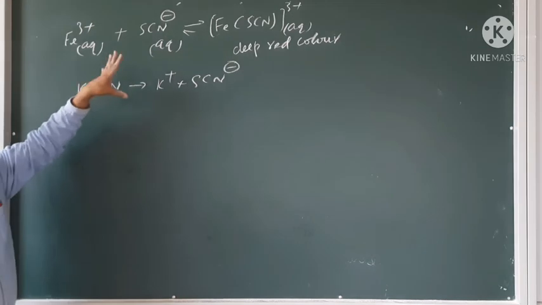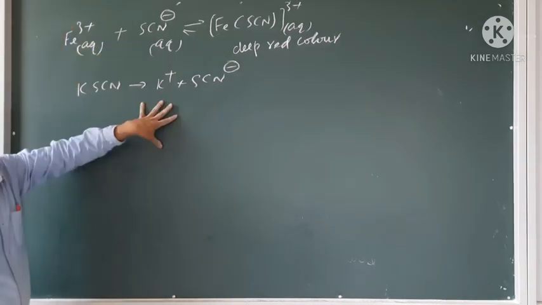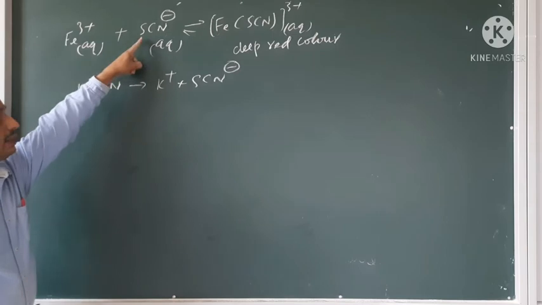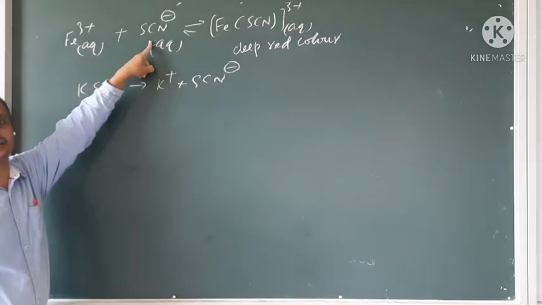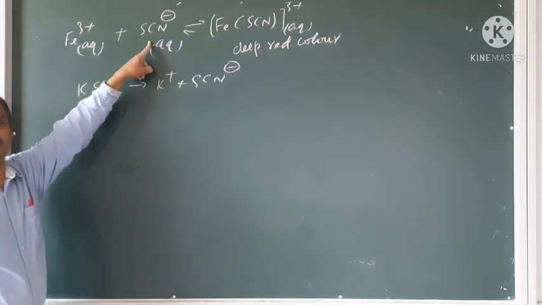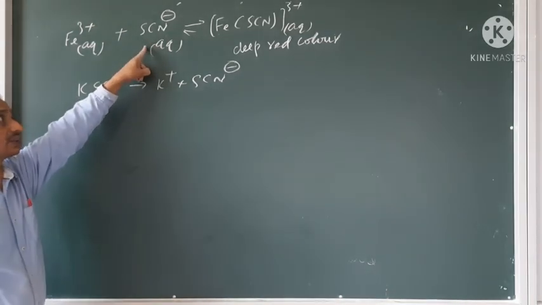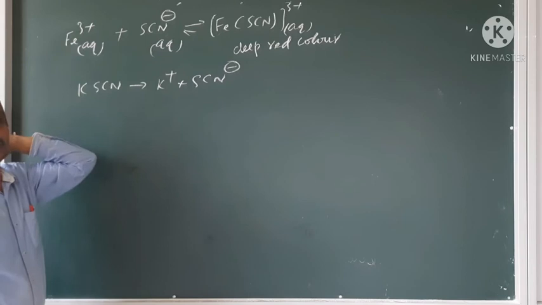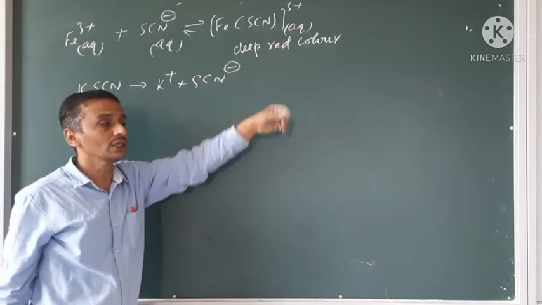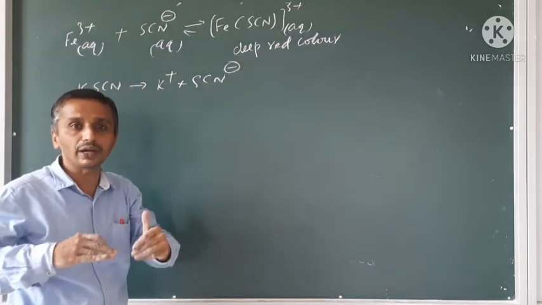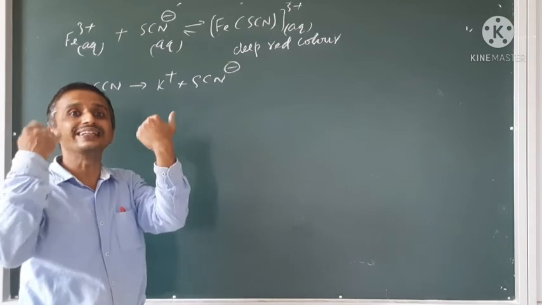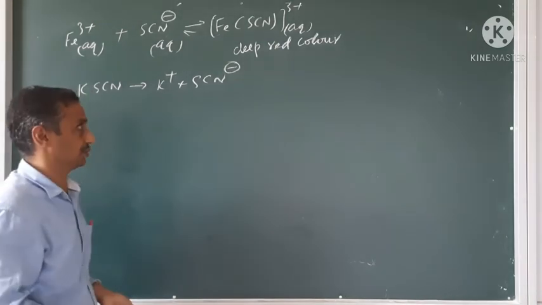So, if I add potassium thiocyanate, then this concentration increases. When this concentration increases, the reaction tries to decrease the concentration by moving in the forward direction, which means the deep red color gets intensified.